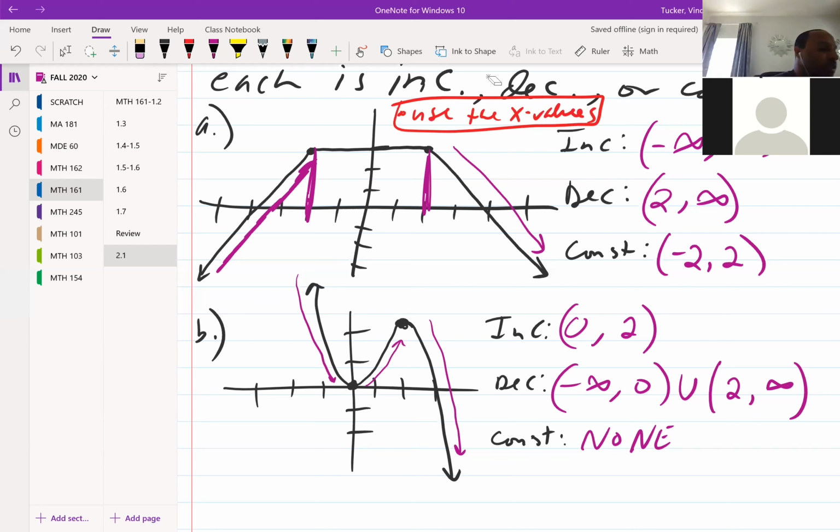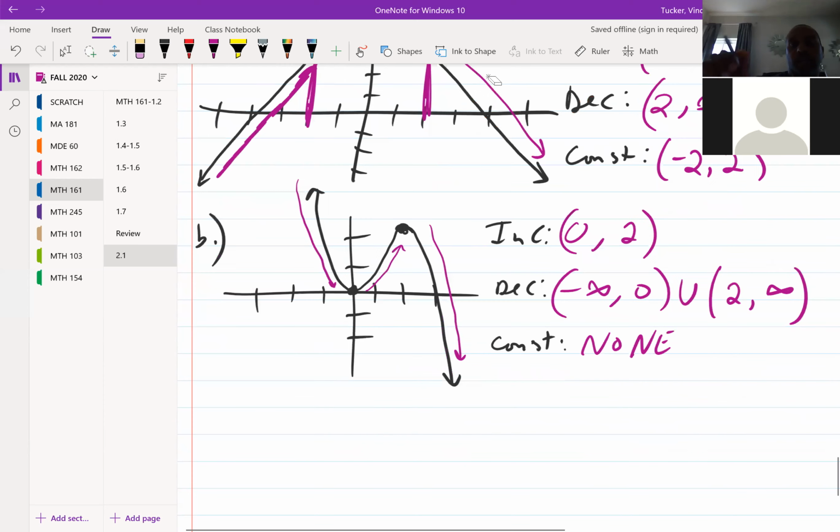And then once again, just to make sure everybody's clear, that union sign is not just for decreasing or any one category. I may have said it that way, so that's why I'm doubling back. Whenever you have more than one interval that fits a characteristic, or you want to use, let's say, as a solution set, you use that union sign.